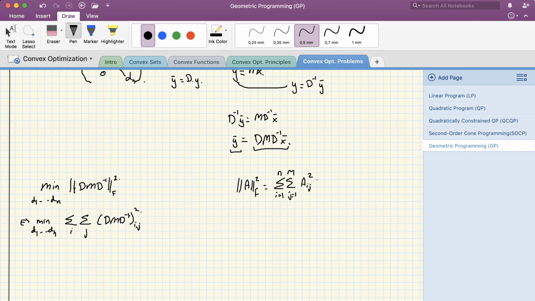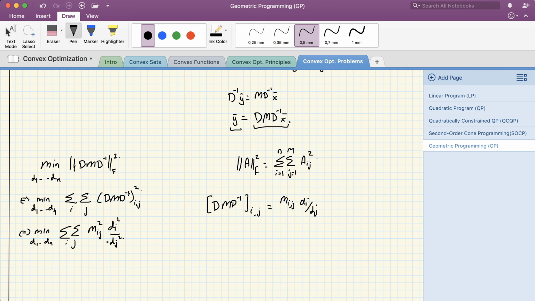Now, how does this matrix look like? If we denote M's entries by m_ij, then you can easily verify that D M D^-1, its ij-th component, looks like this: m_ij d_i over d_j. So the squaring should look like this, d_i squared over d_j squared. Now this problem is an unconstrained geometric problem, of course in polynomial form.